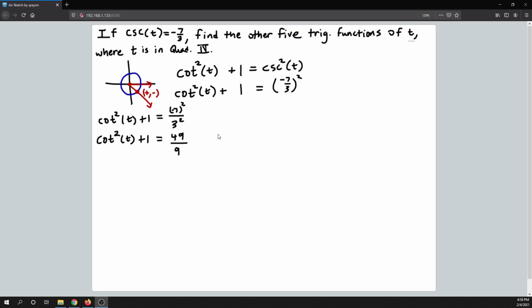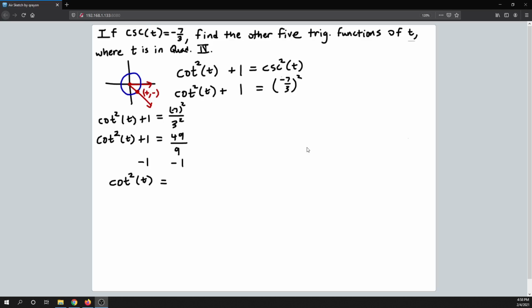All right, so now what I need to do is to solve for the cotangent squared part. And I can do that by subtracting 1 from both sides. And when I do that, over on the left side, I'm just going to get cotangent squared t, right, because 1 minus 1 is 0.